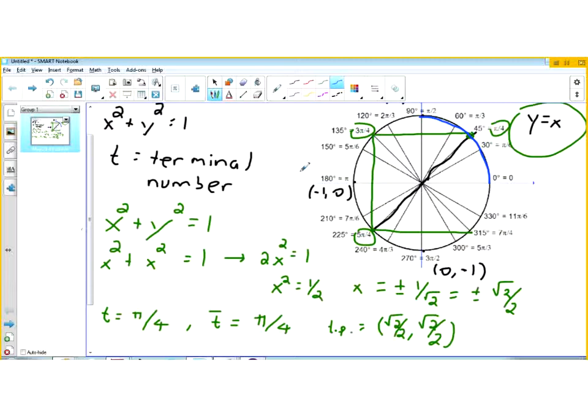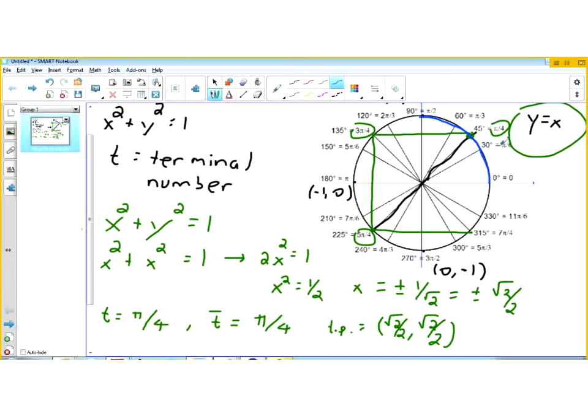All right. And then last lecture, of course, we discussed the graphs for the sine function and the cosine function, and how we map the terminal numbers, the coordinates of the terminal points, onto the xy axis.